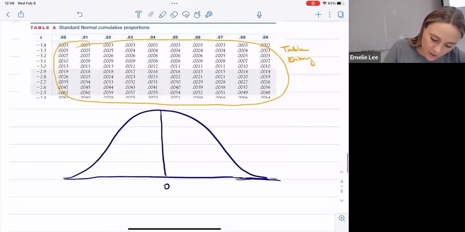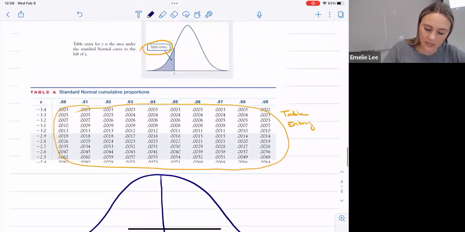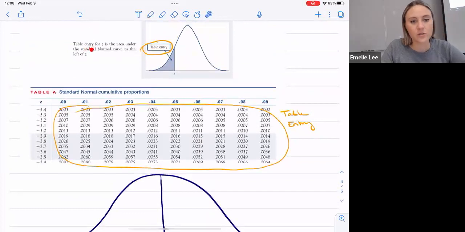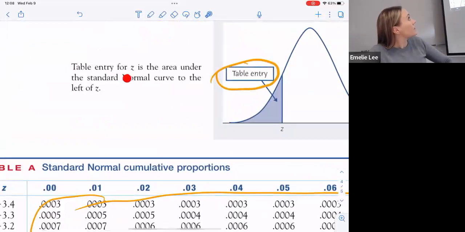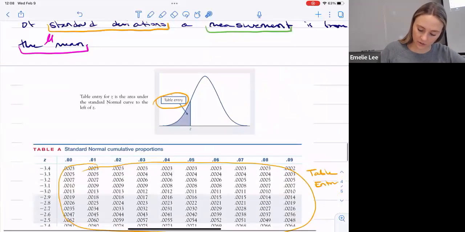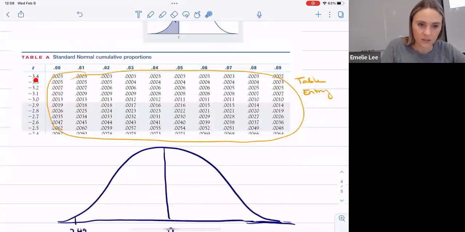Okay, so that would start somewhere out here, negative 3.49. Now what it's saying here, the table entry for Z is the area under the standard normal curve to the left of Z. So what it's saying is that, okay, if I feed it a Z of negative 3.49, the area to the left is going to be 0.0002.